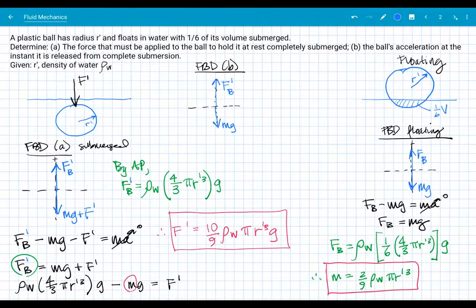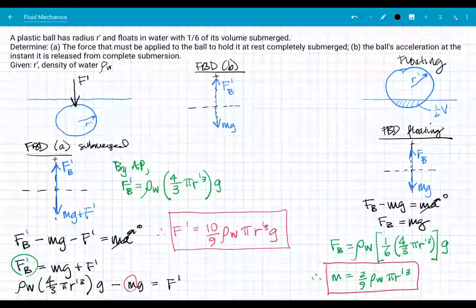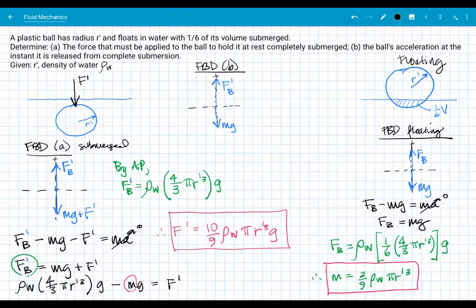Because it's fully submerged, so it's the same buoyant force as we found when we were solving for part A. Now, my acceleration is going to be upward. I'm going to make upward positive. What I can say with my second law statement here is that buoyant force prime minus mg equals ma.